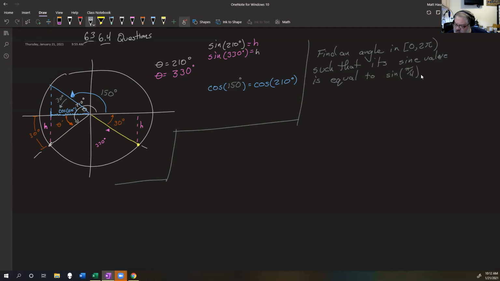Make it super nice. So find an angle in the first rotation such that its sine value is equal to the sine of pi over 4.